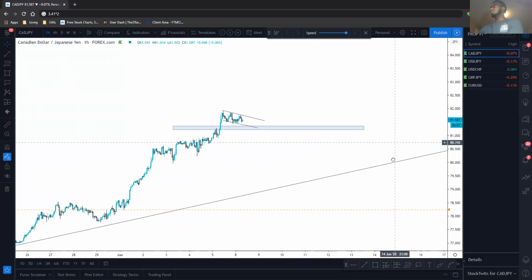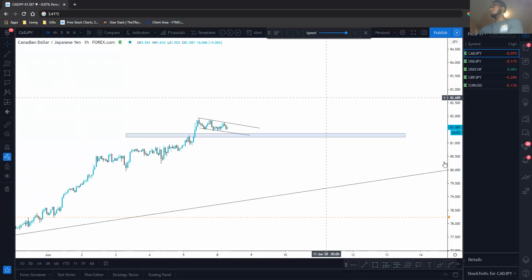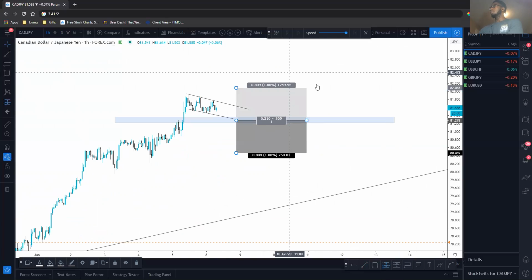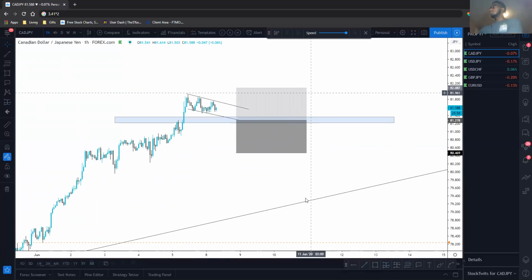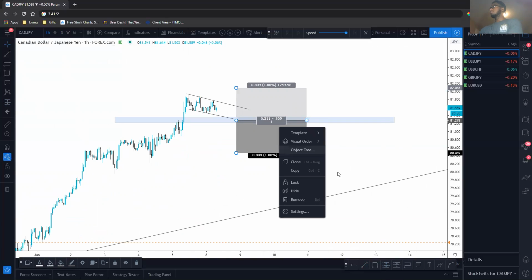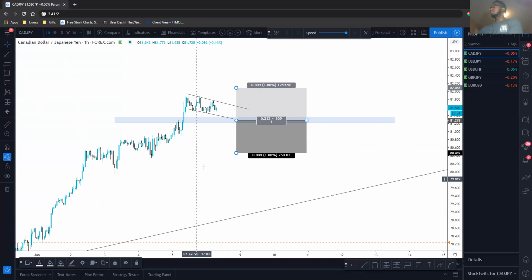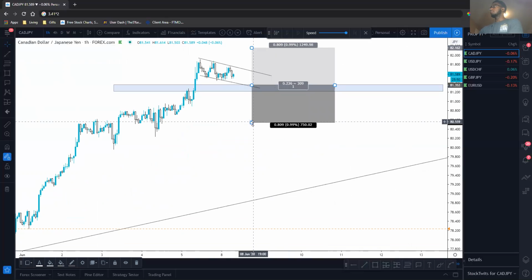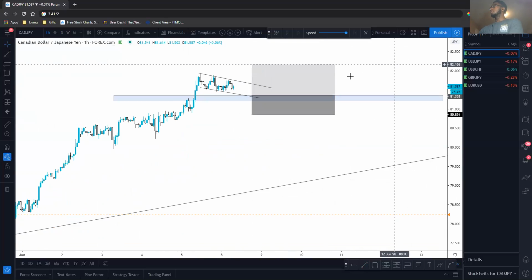For the TP, I wouldn't be too ambitious. I would simply go for 2-to-1 instead of 3-to-1 or more. So let's go ahead and do this. Set about a 50 pip stop loss.